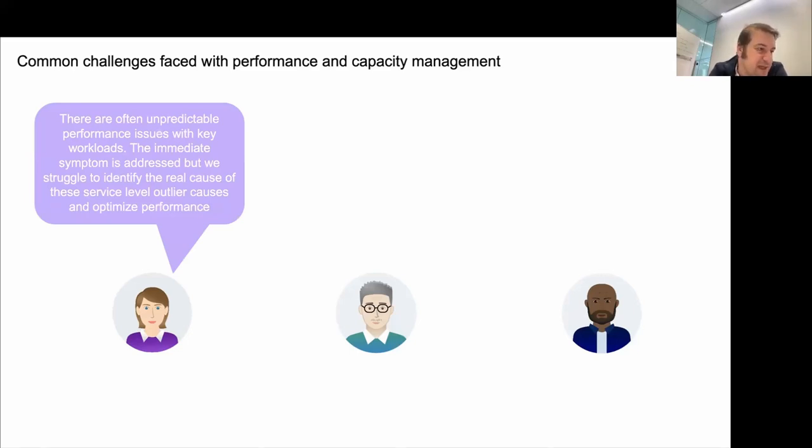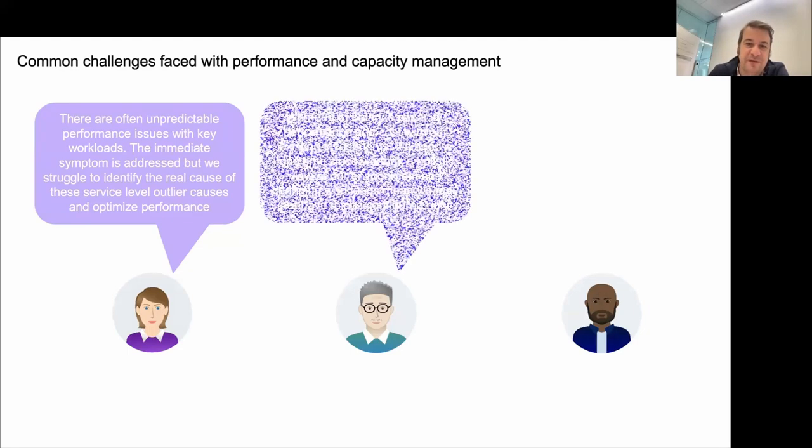So there may be a symptom such as a slowing application, or perhaps a transaction goes into a loop, or there's a burst of workload that causes a shortage on storage, which we can resolve quickly. But we never get round to looking at what the underlying cause of that is, so that we have to constantly react to this going forward and never fully get ahead of the problem.